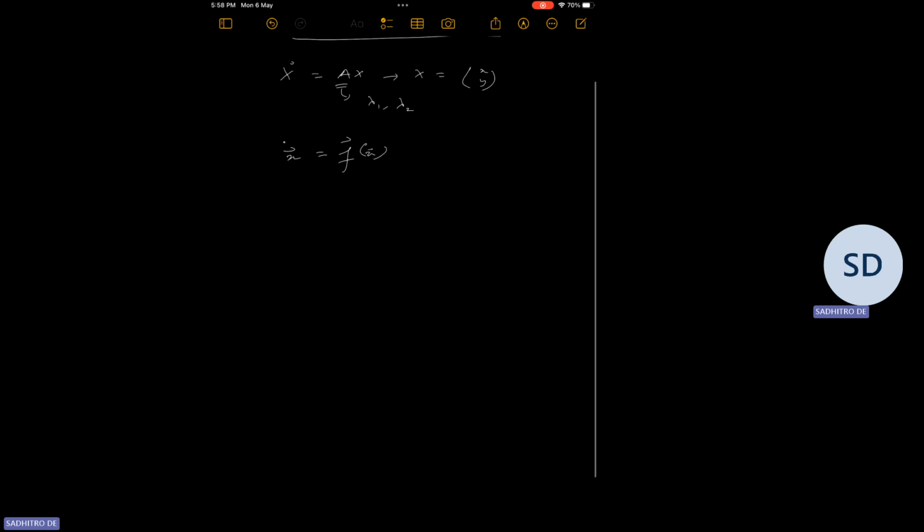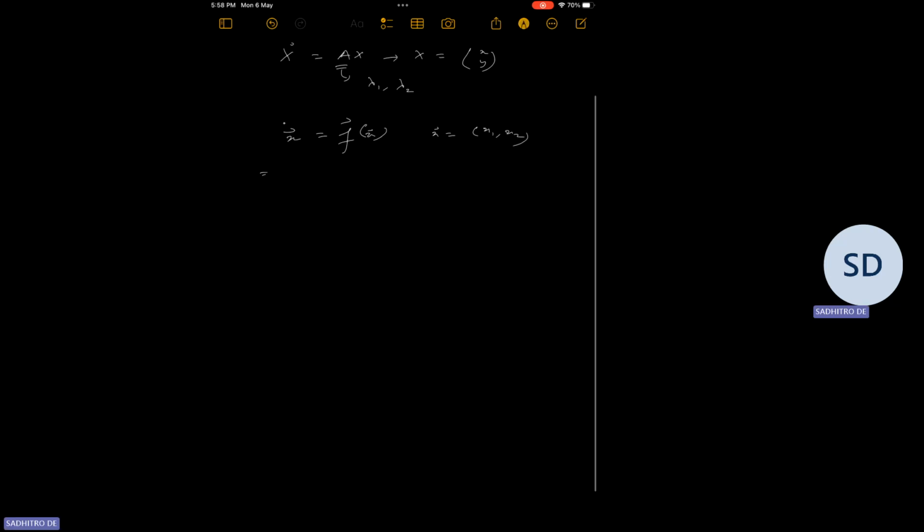Okay, so basically, if my x vector is denoted by coordinates x1 and x2, then basically we have x1 dot equal to f1 as a function of x1 and x2, and x2 dot equal to f2 as a function of x1 and x2.